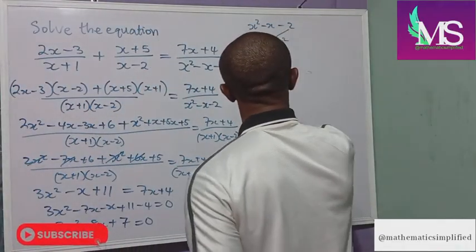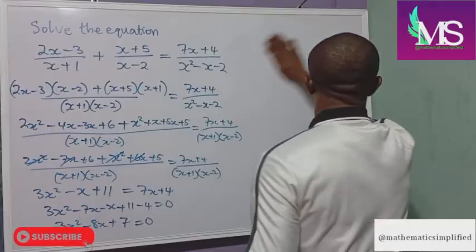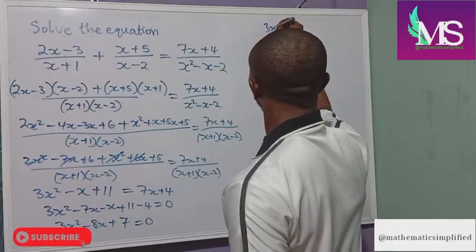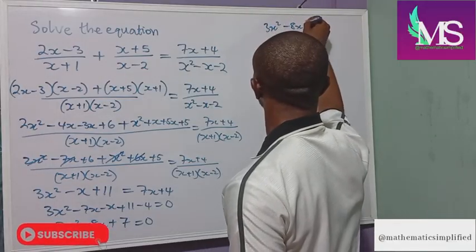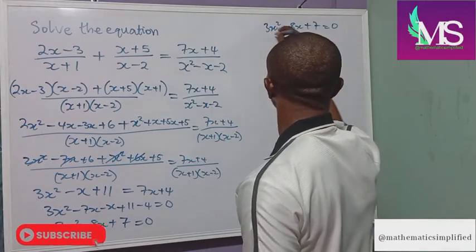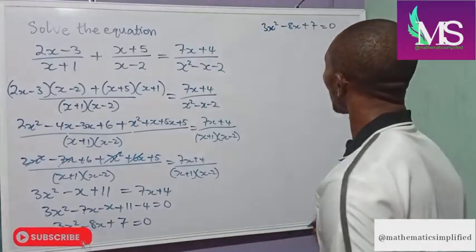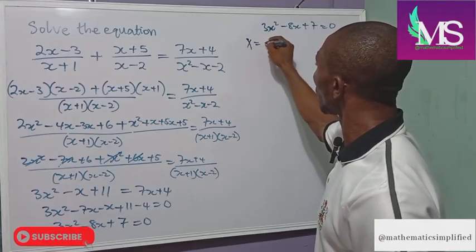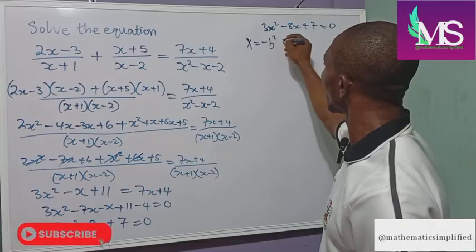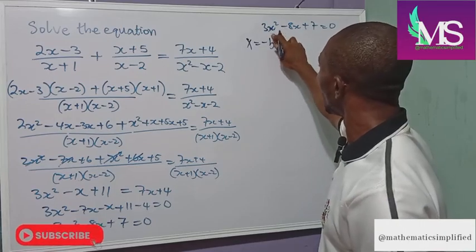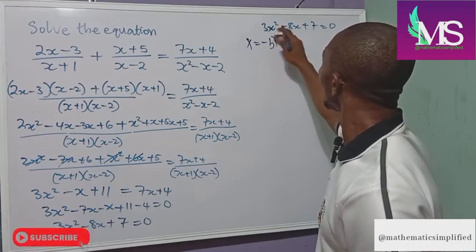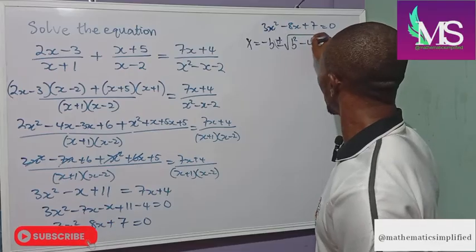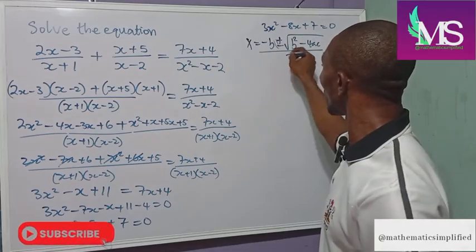Now our equation is 3x squared minus 8x plus 7 equals 0. Applying our almighty formula, which says x equals minus b plus or minus root b squared minus 4ac, all over 2a.